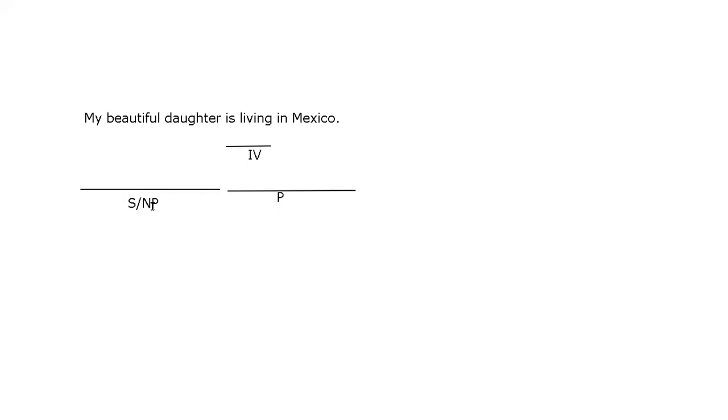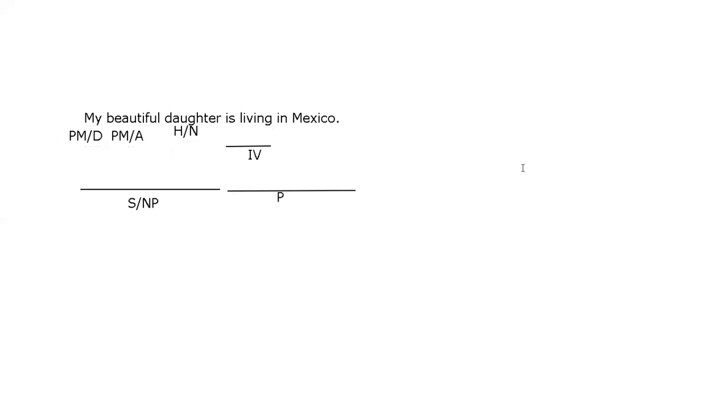We said it was a noun phrase, we have to identify a head. Which is the head? In this case, the head is the noun daughter. And you have two pre-modifiers. As before, you have a pre-modifier determiner, and you also have a pre-modifier which is an adjective. Okay?